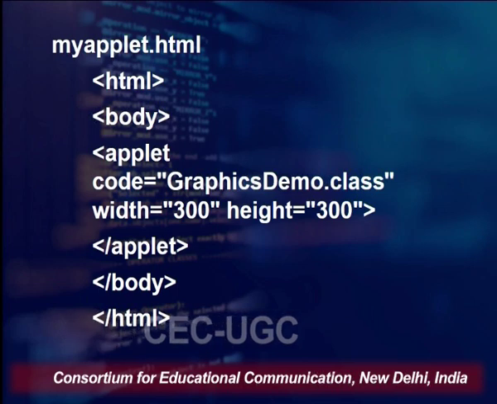Now, what you need to do is run this myapplet.html on a web browser, and if that web browser supports the applet facility, all those ovals and rectangles, whatever graphics functions you have referred to, will be executed, and you will have your applet displayed.